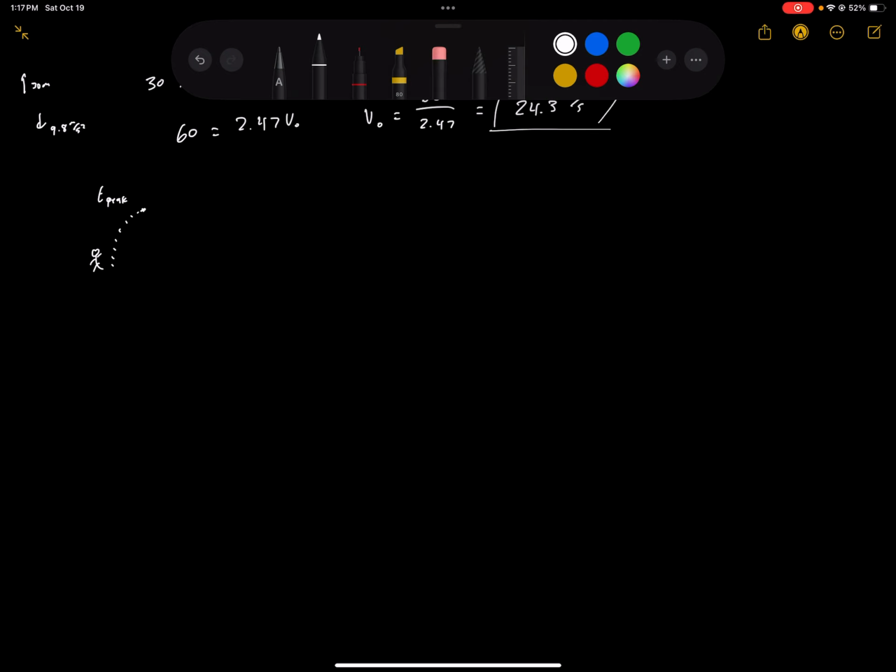And we also measured the hang time. The hang time is the amount of time it takes to jump up to the max height, plus the amount of time it takes to fall. So the hang time was T peak plus T fall.